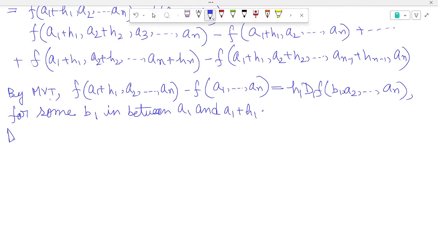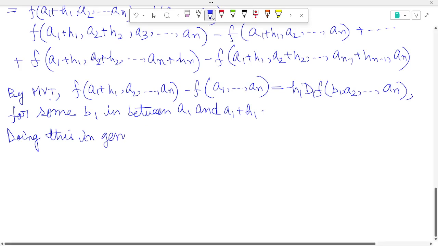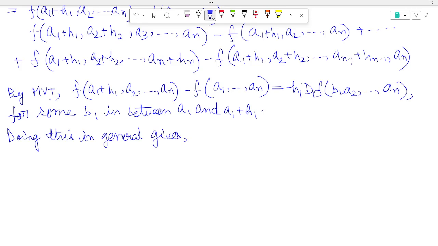So doing this in general gives f of a1 plus h1, a_i plus h_i, a_{i+1}.